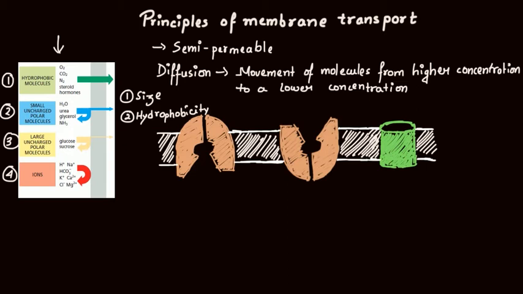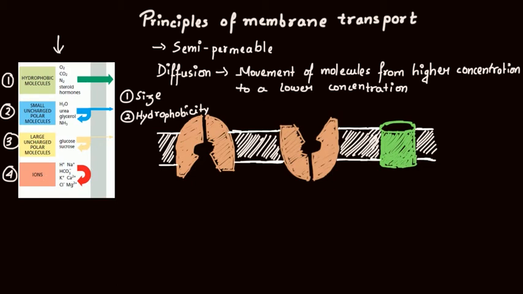Since these ions are charged, that is, they contain a net charge on the molecule, and their degree of hydration is high, the ions are not allowed through the membrane at all, unless they are facilitated by some proteins that help them move.